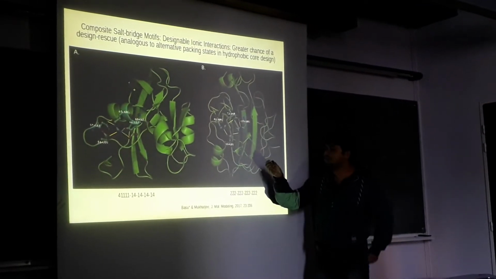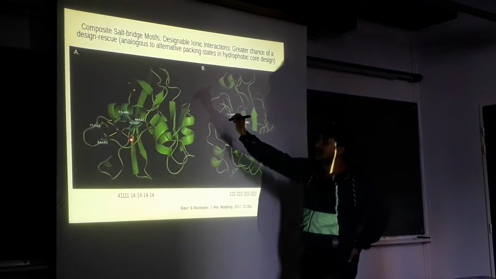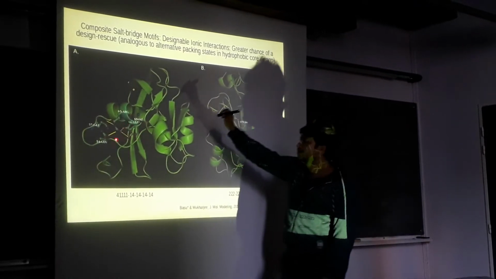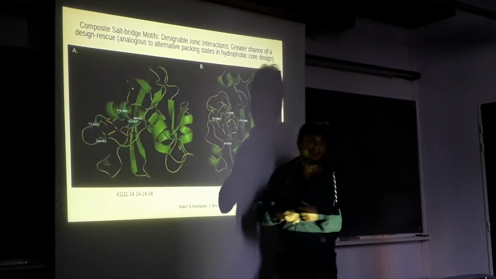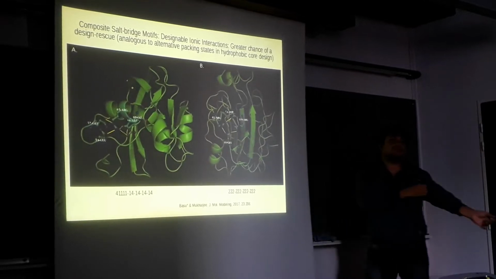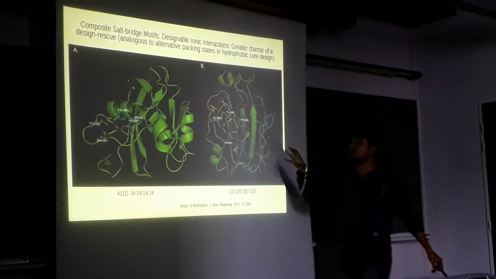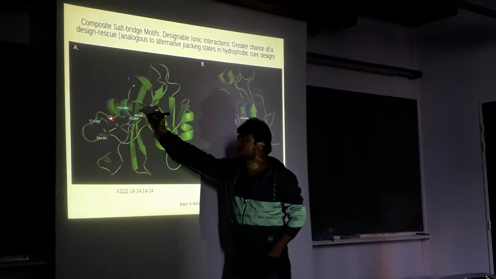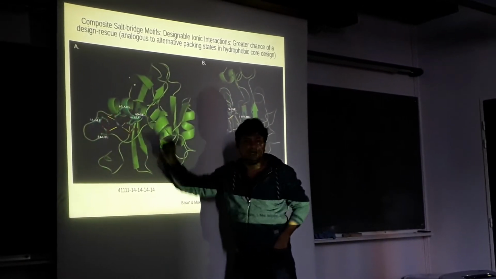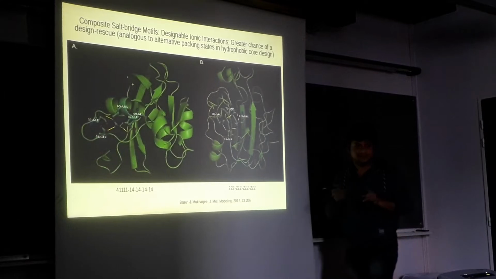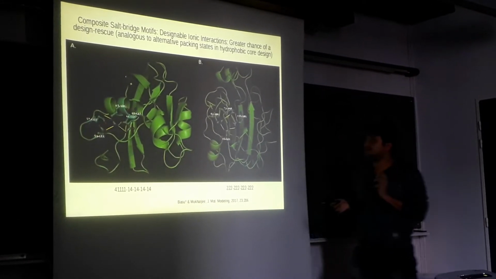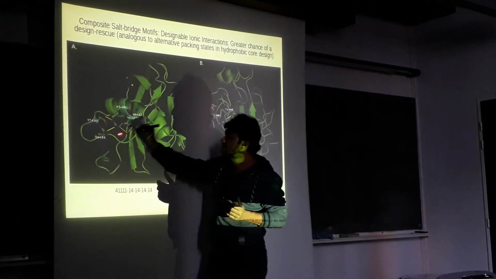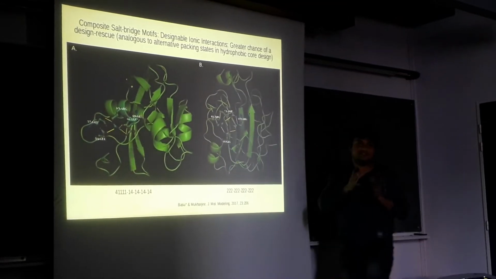So one of the possibilities, and again this is something one has to explore, is to try to design a composite salt bridge motif rather than a collection of isolated salt bridges. We may not end up getting exactly the desired salt bridge motif, but in a sense we are increasing the local charge density at a certain region.